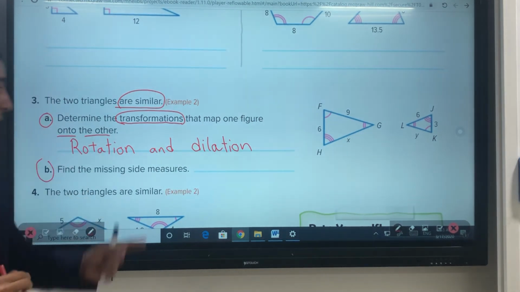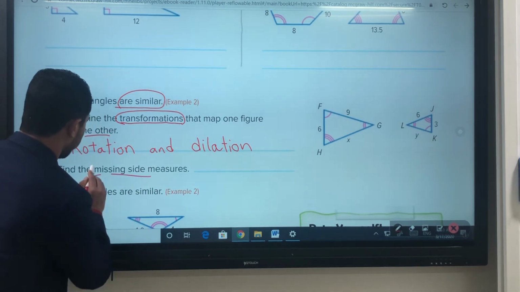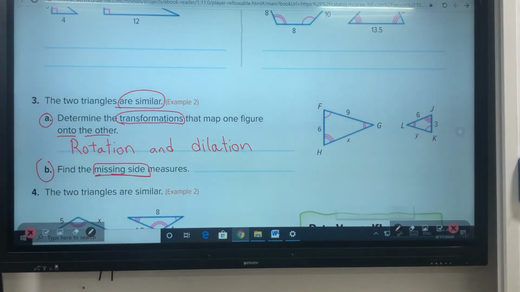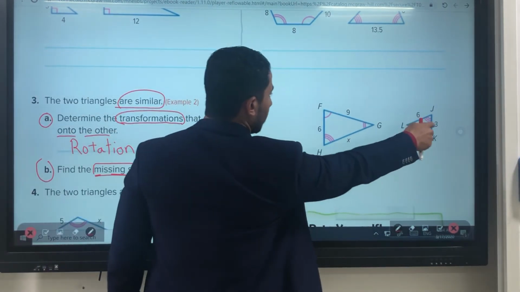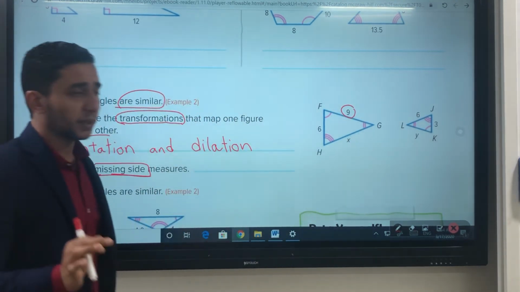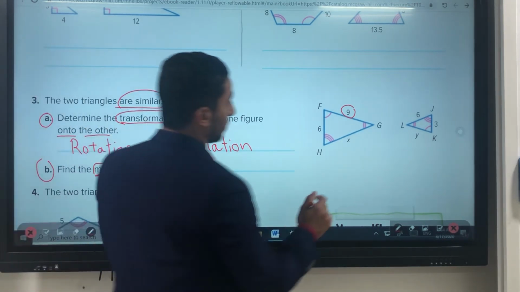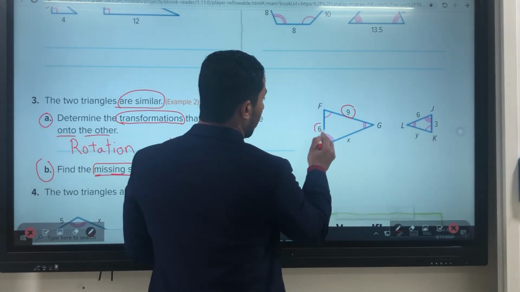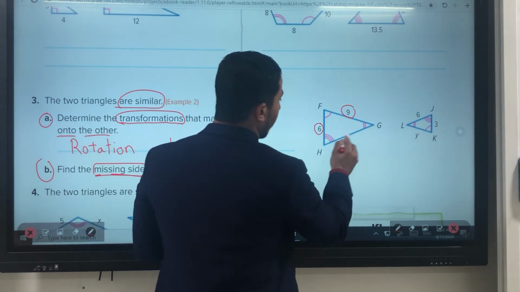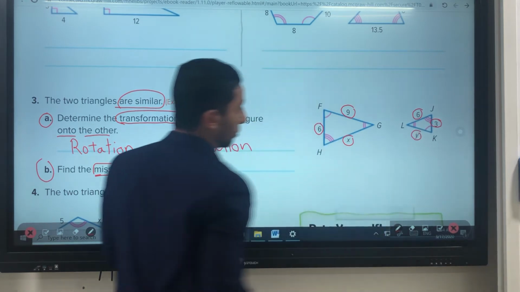Second part, look with me, find the missing side. So here we have three sides and three sides. And pay attention, it's very important to follow the order. So here 9 and 6 and x is unknown. Here 6, 3, y.